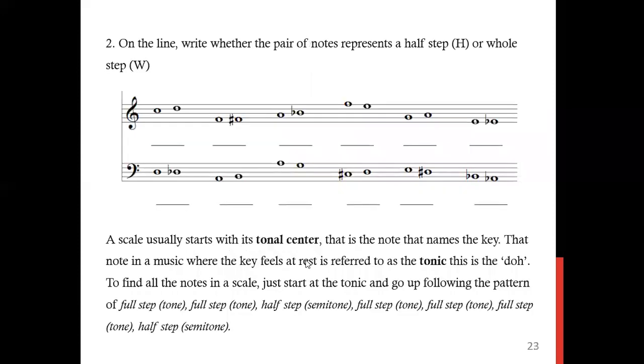This is another activity. Get your pen and your paper ready now. On the line below these notes, write whether the pair of notes represents a half or a whole step. Quickly, do that in 1 minute if you can. Take this as number 1, 2, 3, up to number 12.